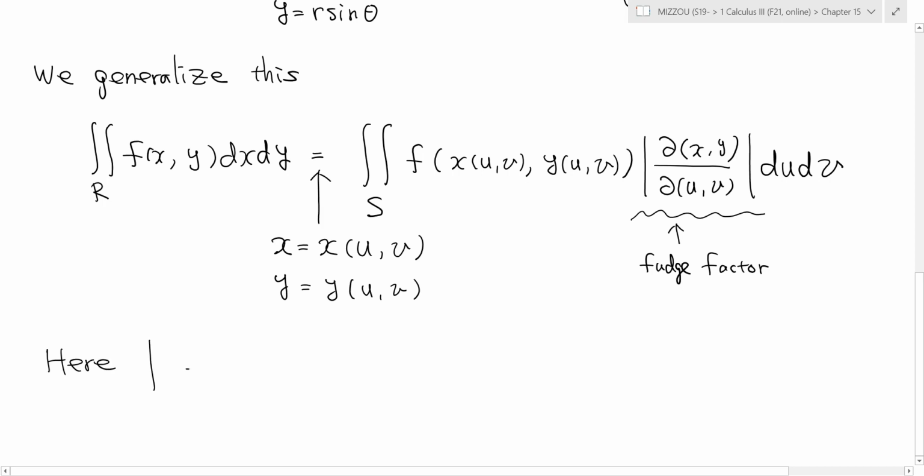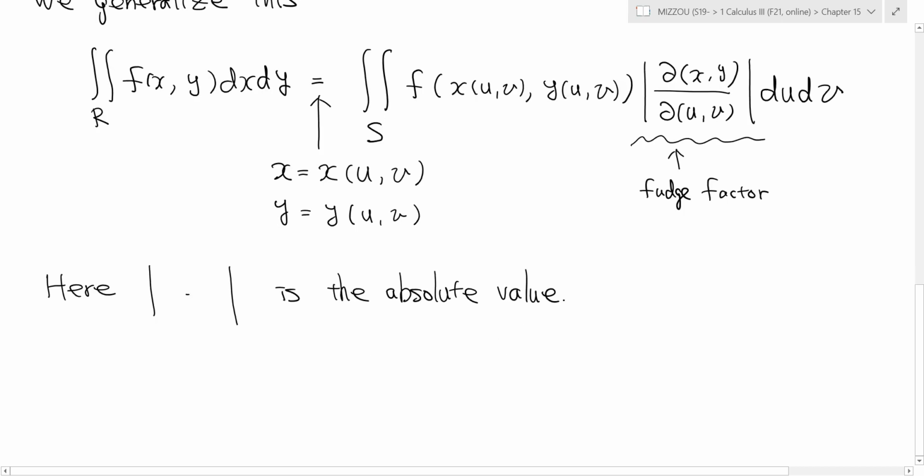But what's this? This fraction is by definition, but this is not really a fraction. This is a symbol. This is a notation.